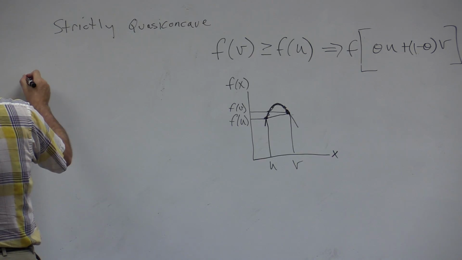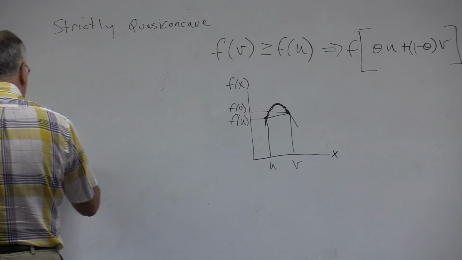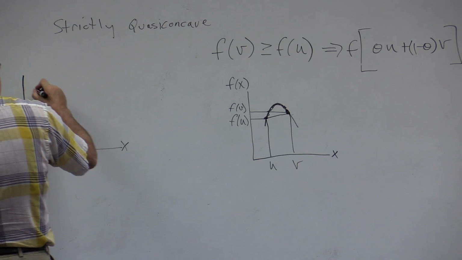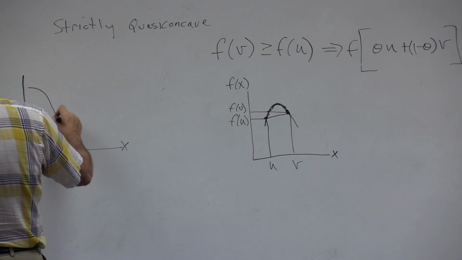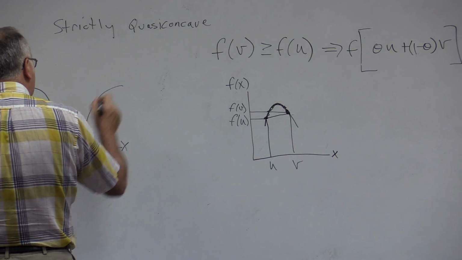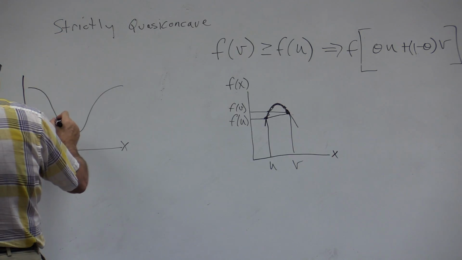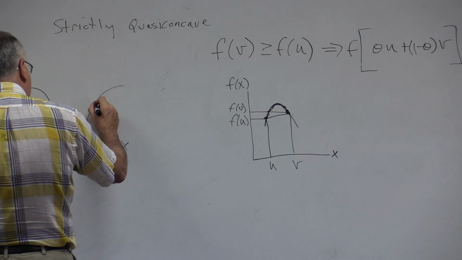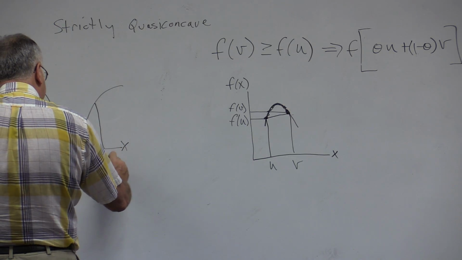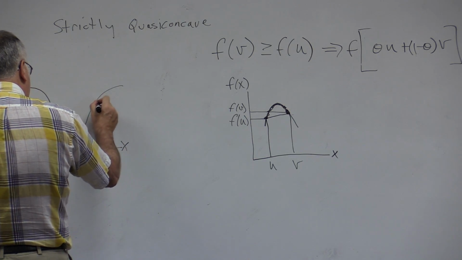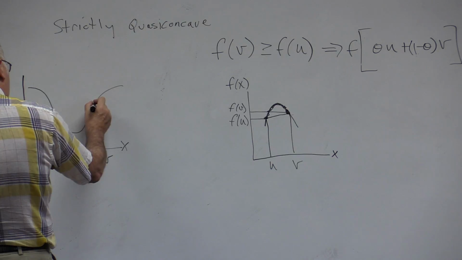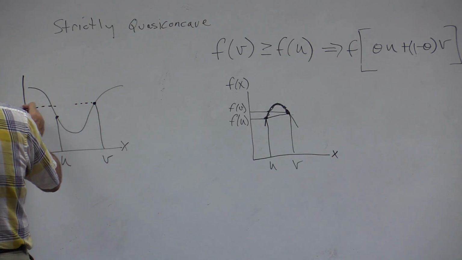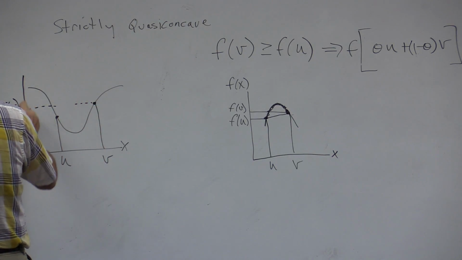Let's look at an upside-down bell-shaped curve. Say it looks like this. Now, pick any two points, u and v. Here's u, here's v. I just want to make sure the height of the function is higher at v. So now, here's f of v. Here's f of u.